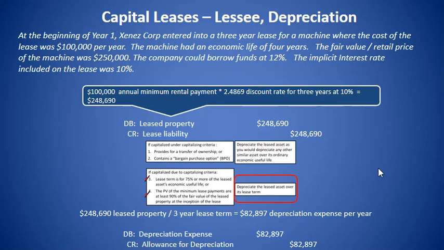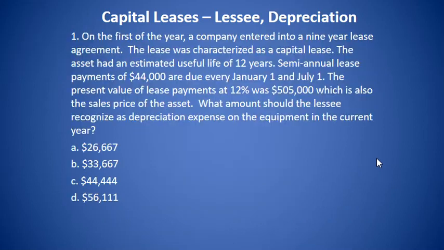Okay, now let's try one question here on lease depreciation for the lessee. On the first of the year, a company entered into a 9-year lease agreement. The lease was characterized as a capital lease. The asset had an estimated useful life of 12 years. Semi-annual lease payments of $44,000 are due every January 1st and July 1st.